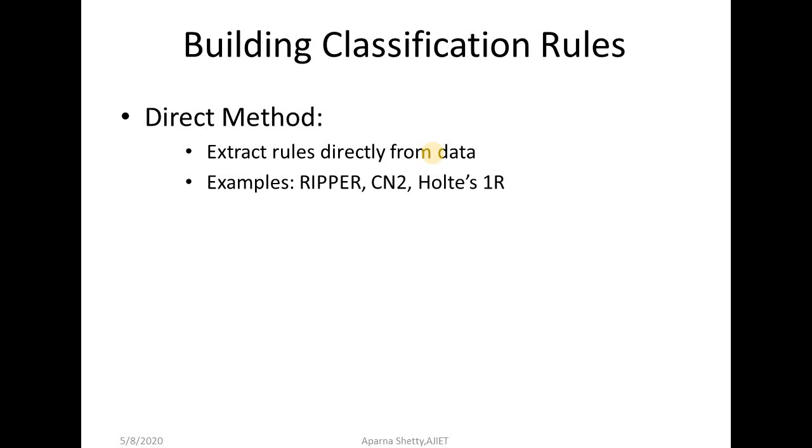Suppose in the vertebrate example, they have given that training record set. So directly from that data set, we will extract the rules. Examples of direct method are RIPPER, CN2 and 1R.